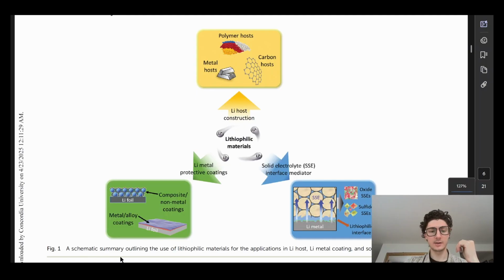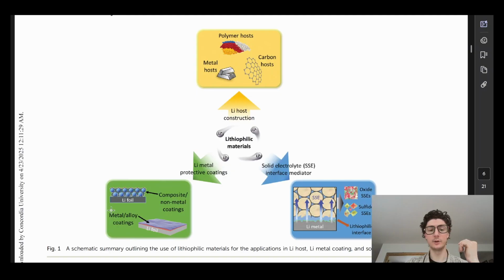So it says, a schematic summary outlining the use of lithophilic materials for the applications of lithium hosts, lithium metal coating, and solid state electrolyte. So we got polymer hosts, metal hosts, carbon hosts, lithium host construction, lithophilic materials. So one of them could be lithium host construction, lithium metal protective coatings. Here we have lithium foil, composite or non-metal coatings, metal or alloy coating.